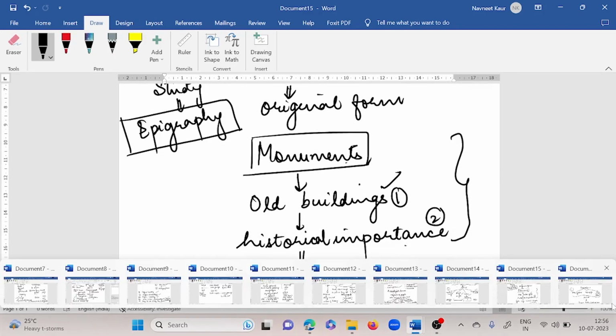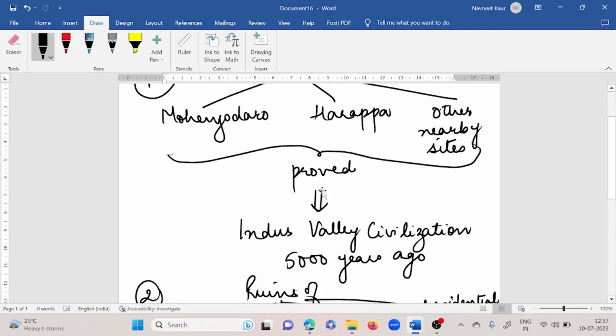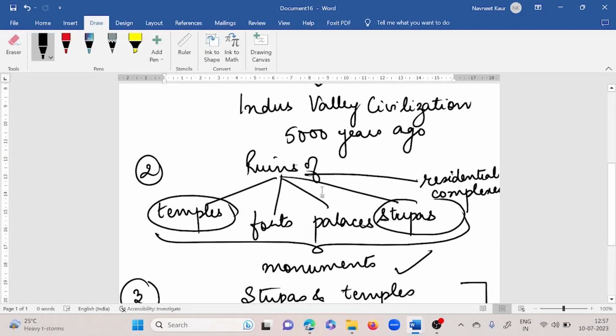Then we also came to know that the excavations at Mohenjo-daro, Harappa, and other nearby sites have proved that a large civilization existed in the Indus Valley about 5,000 years ago. Second, the ruins of temples, forts, palaces, stupas, and residential complexes are some monuments that make the past interesting.